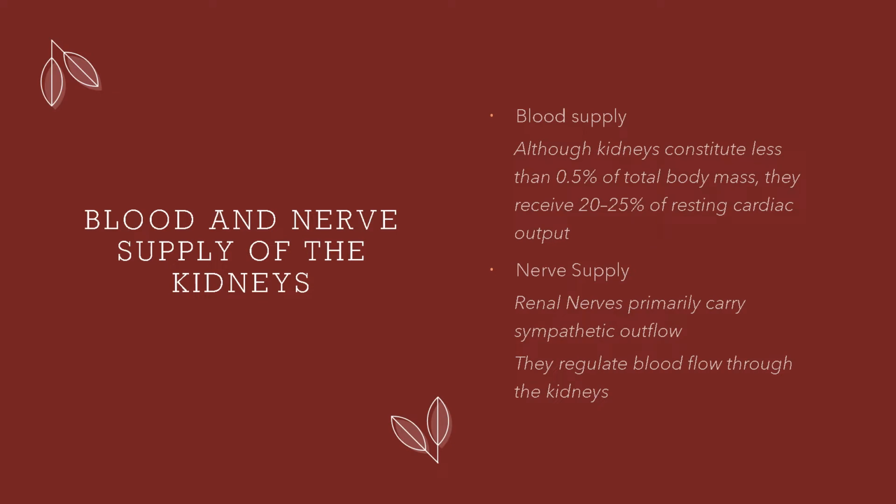So the kidneys remove wastes from blood, and they also regulate the volume and ionic composition of blood. And because of that, it's really not surprising that the kidneys are really abundantly supplied with blood vessels. Even though the kidneys constitute like less than 0.5% of the total body mass, they receive 20 to 25% of the resting cardiac output by the left and right renal arteries.